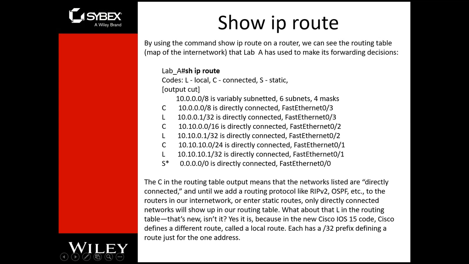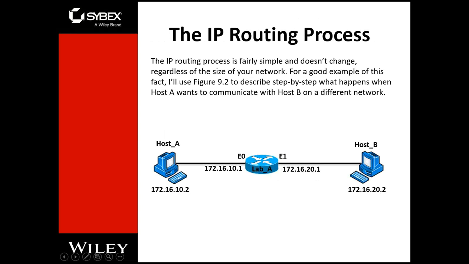And it's essentially saying that it's variably subnetted. Okay, you can see that right there. And then you can see the different networks. And then there is one static address, and this is the default network. And that's why you see the S, okay, with the asterisk there.